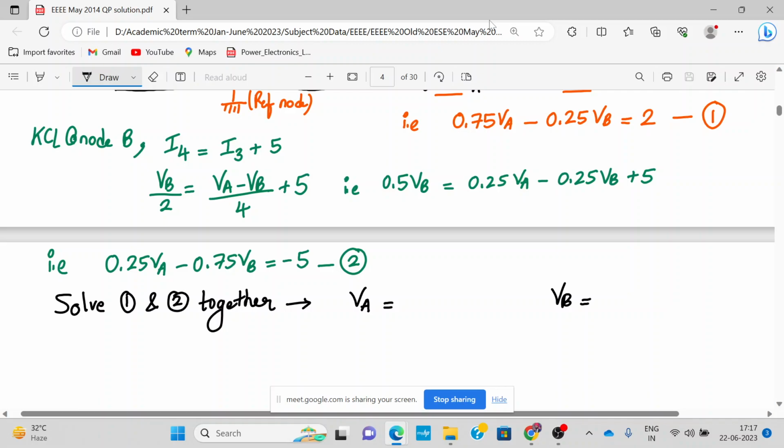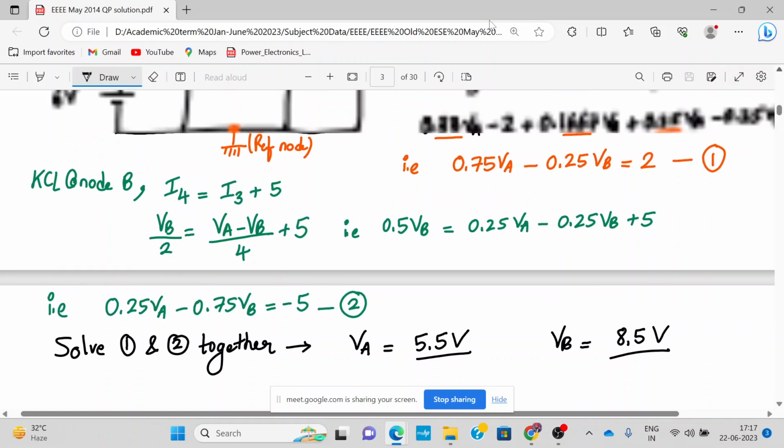5.5 and 8.5. Yes, that's correct. Very good. So the answer is 5.5 volt and 8.5 volt. I hope everyone is getting the same answer. All right. Anyone else can confirm?